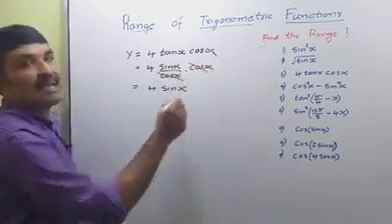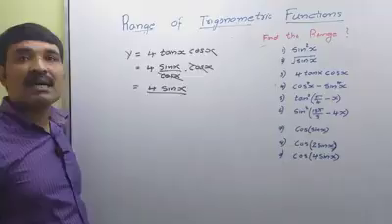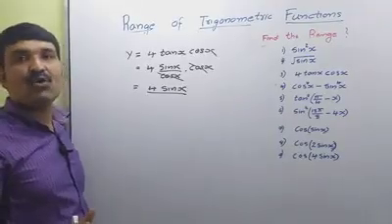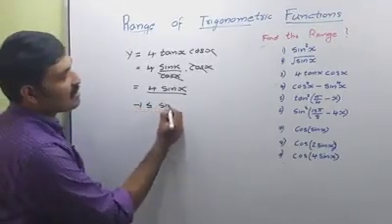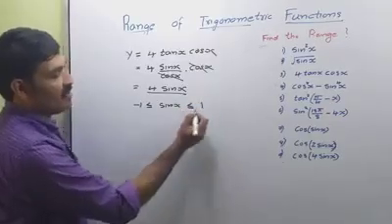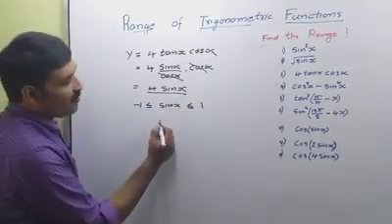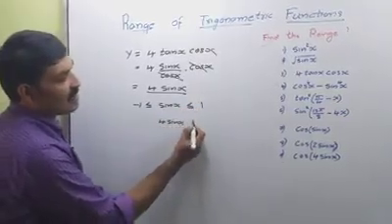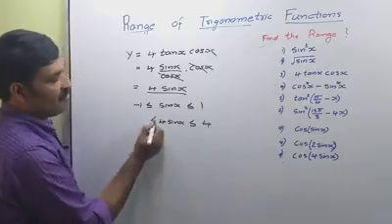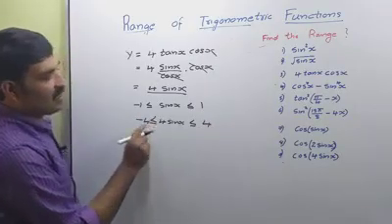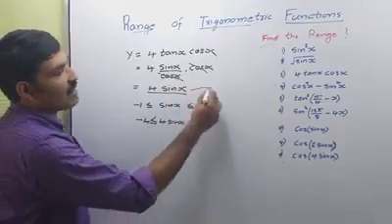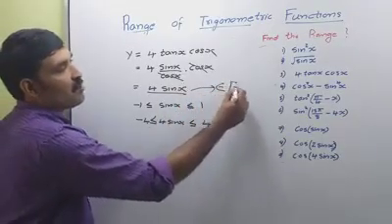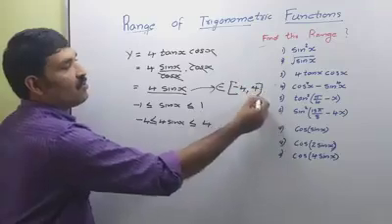This can get cancelled. So the range of 4 sin x is from minus 4 to plus 4, since minus 1 less than or equal to sin x less than or equal to 1. Now multiplied by 4, you get minus 4 less than or equal to 4 sin x less than or equal to 4. So the range of 4 sin x belongs to minus 4 to 4.